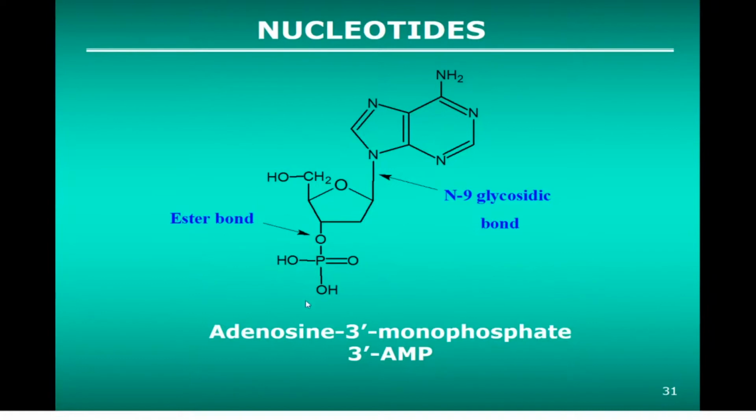Such compounds can still be accepted as derivatives of acid. It's still an acid because it still forms an ester bond and can still form salts of such acid. So that's why adenylic acid can be named as well: adenylic acid or adenosine monophosphate.